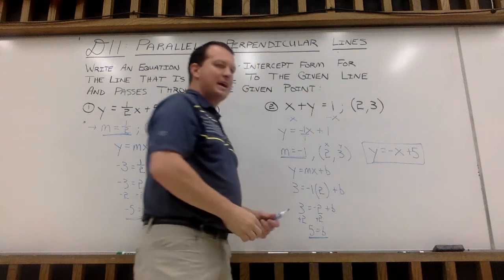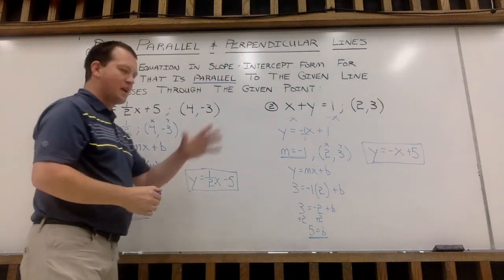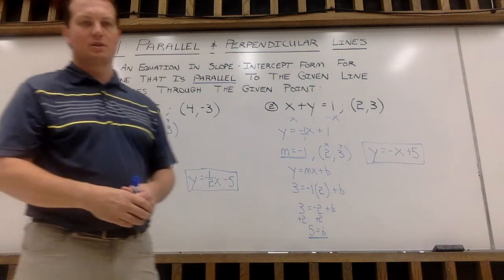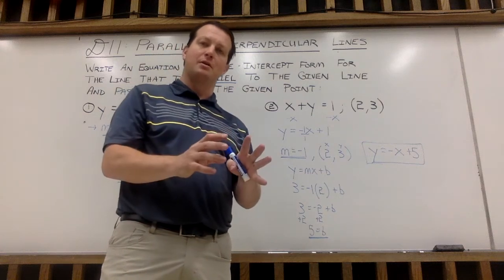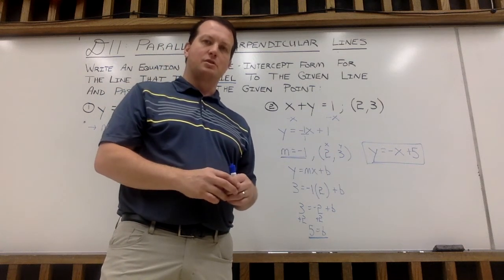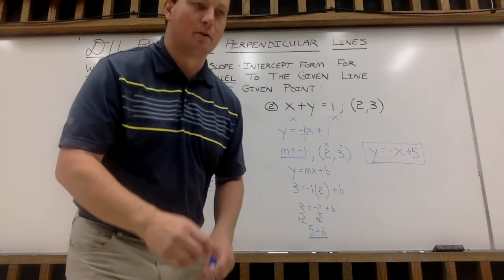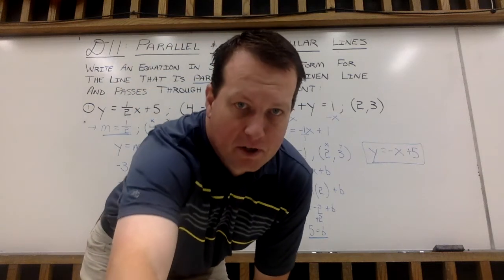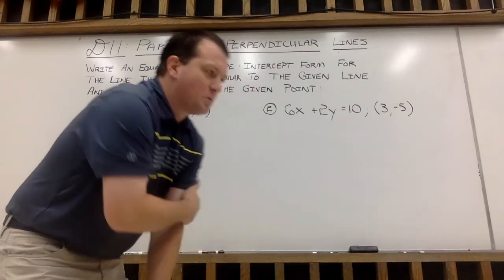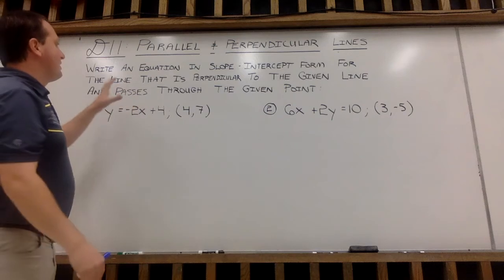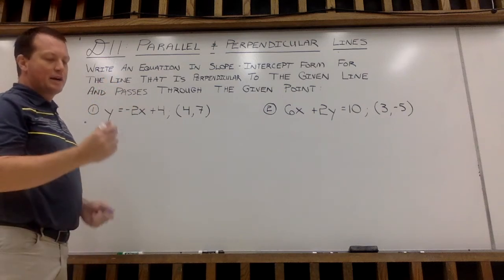We'll finish up here. Last set of examples will be the same process, only changing the slope from being the same parallel lines to the opposite reciprocal, because we will be dealing with perpendicular lines. All right, as we said, the last set of examples have the same directions.